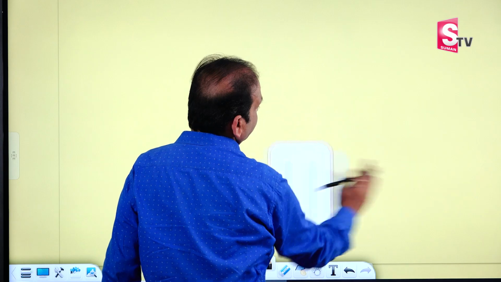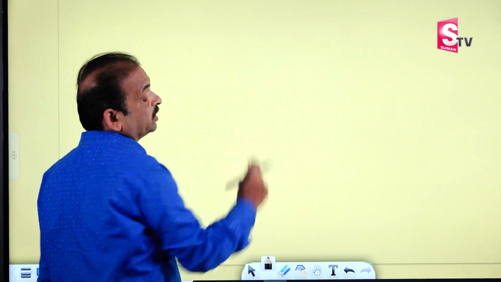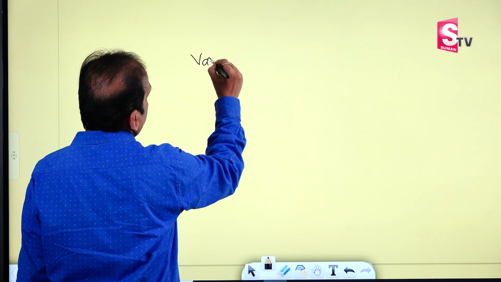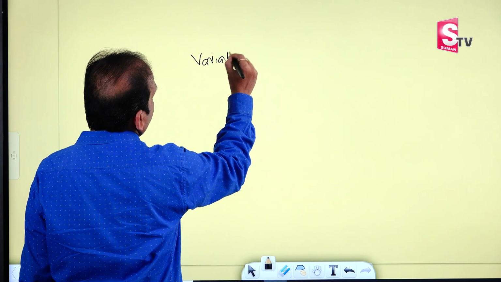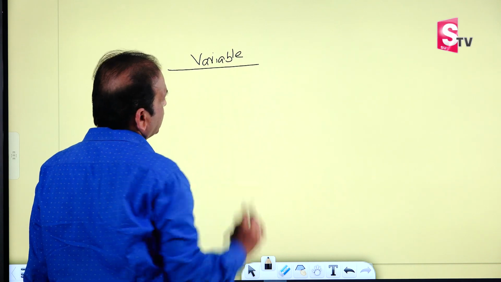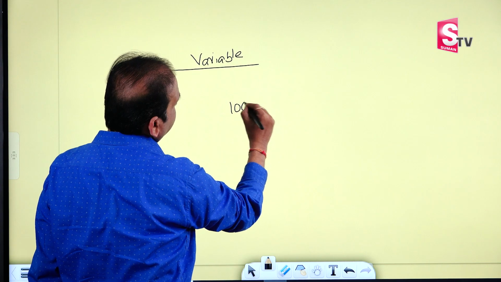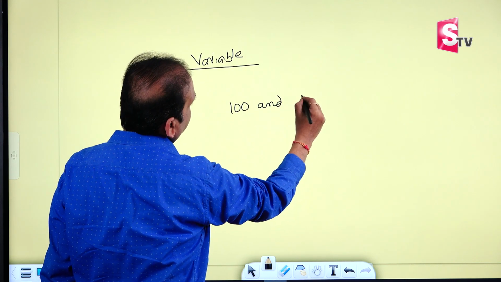Now, the next very important concept. In any programming language, it can be C, C++, Java, JavaScript, there is a term called variable. So what is a variable? For example, I want to add two numbers, 100 and 200.